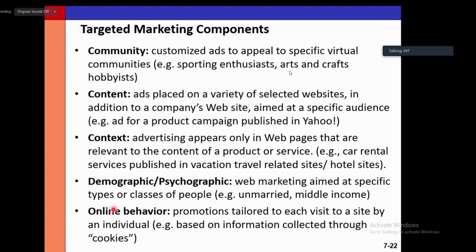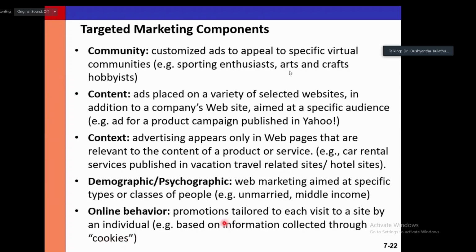Now, then online behavior is promotions tailored to each visit to a site by an individual. Now promotions can be made based on the visits of a particular customer. So when a customer visits a particular site, that can be captured or identified by certain programs identified as cookies or cookie programs.